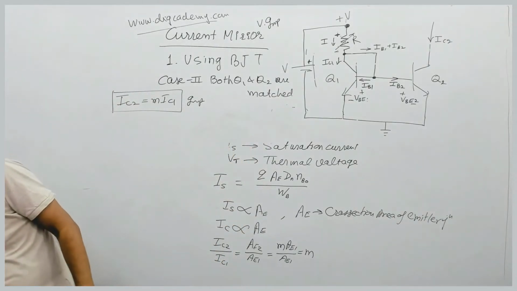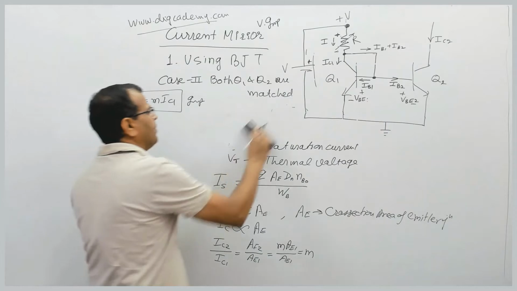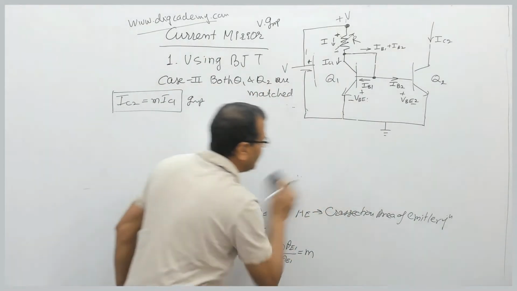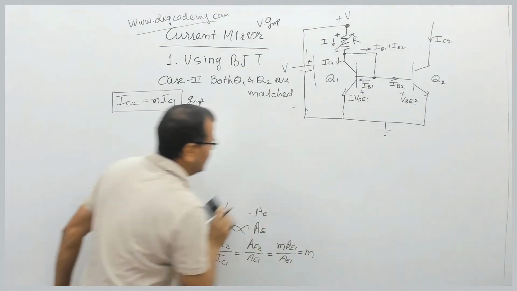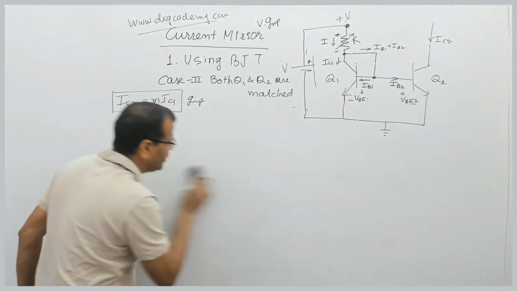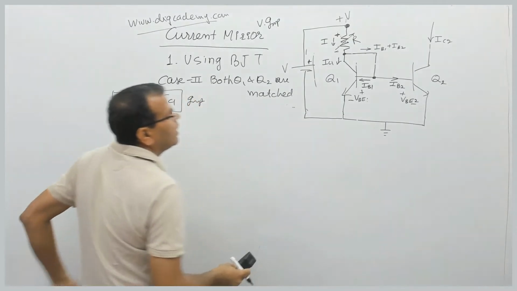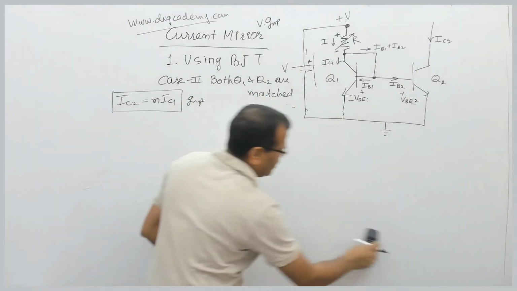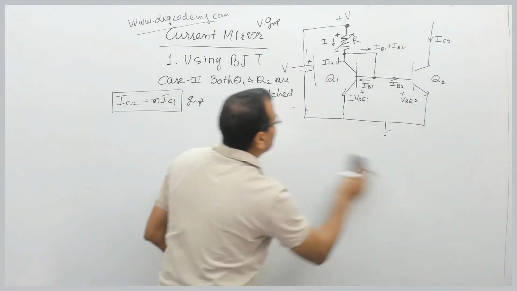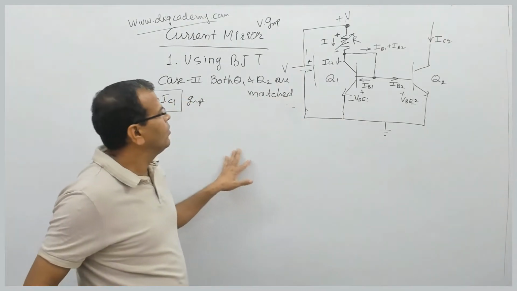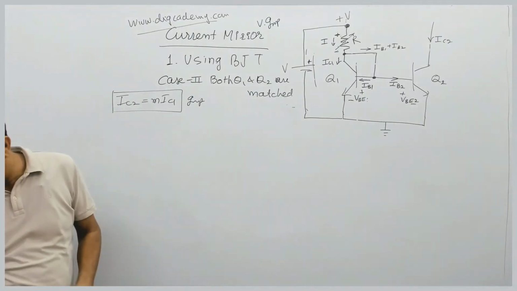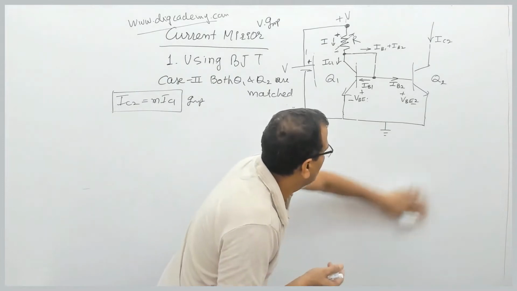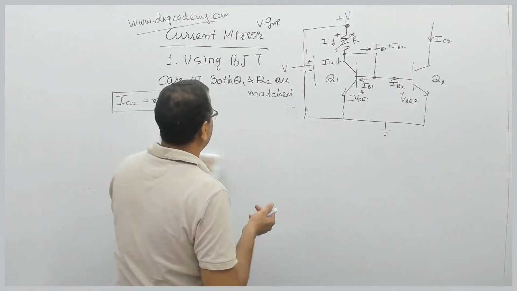Here, I will be finding again that relationship between the currents. Now, what is the current I? You can see the current I here.